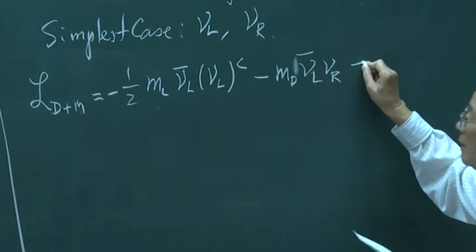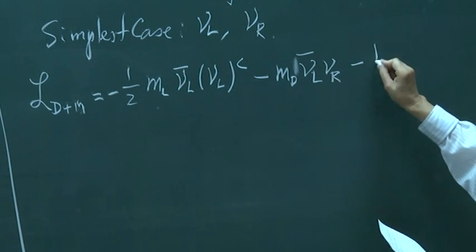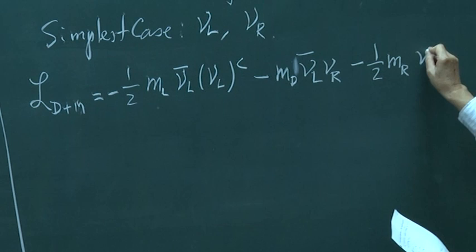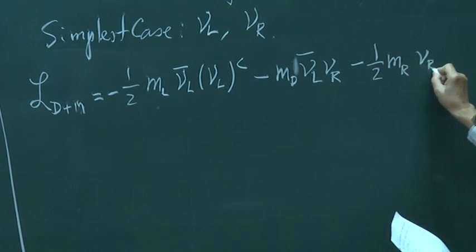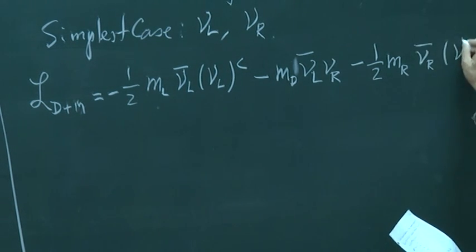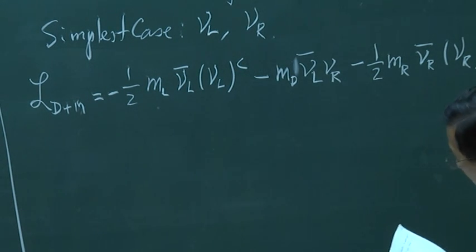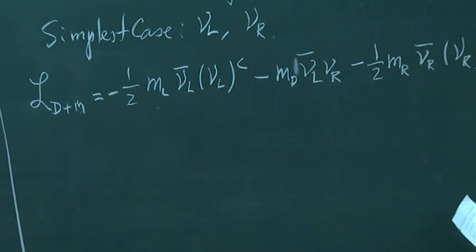And then the right-handed Majorana mass term, mu R, and then I have mu R C, and then the Hermitian conjugate.